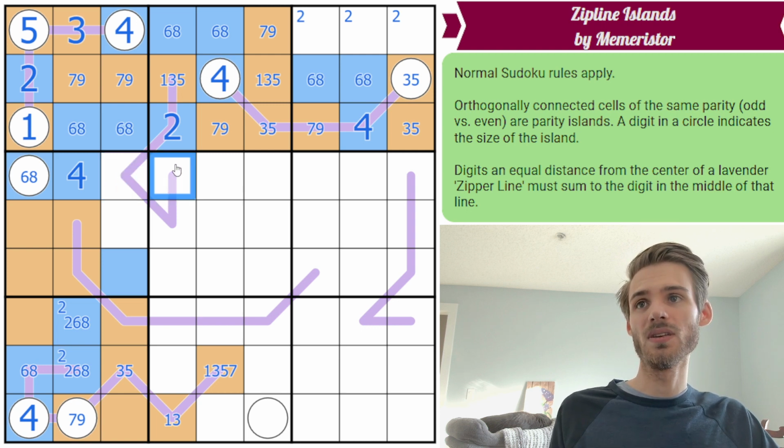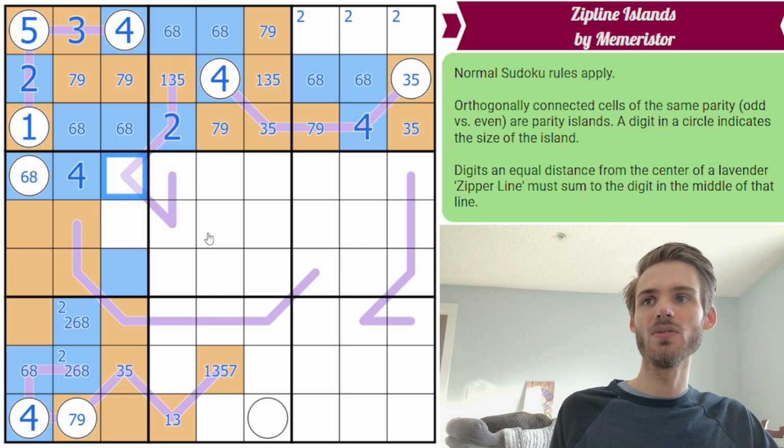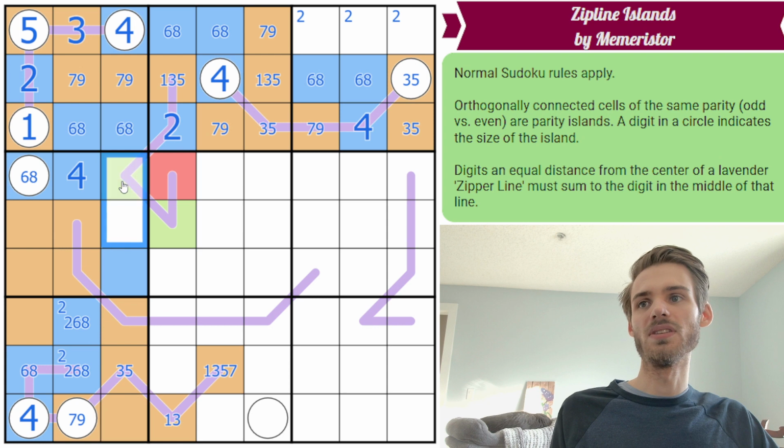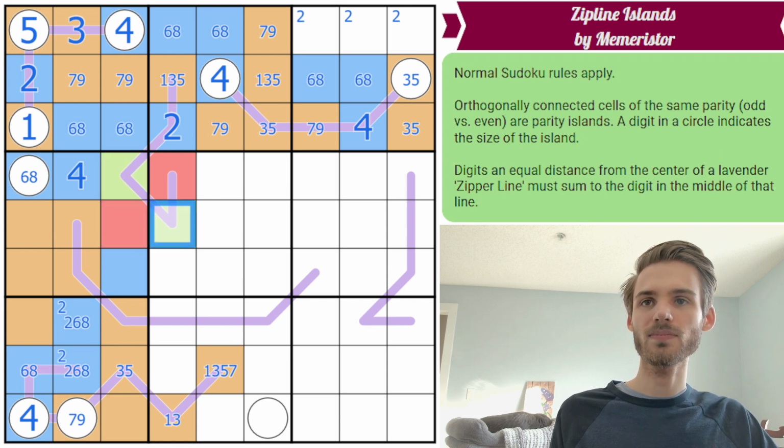If this is even, this is odd because they match. And if this is odd, then this is even because they have to be an odd and an even together. So we know that these two are the same parity and these two are different parity. And in fact, we know that these two are a pair of even and odd, so this would be a different parity as well.